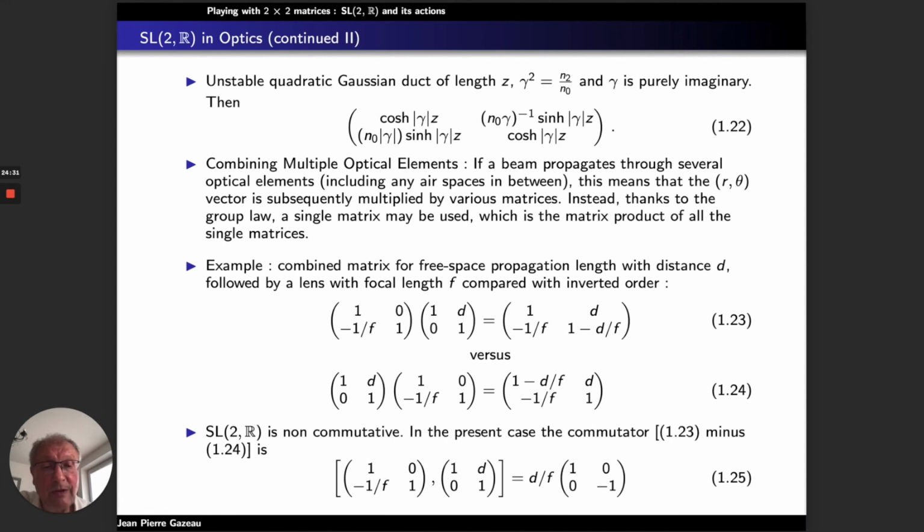If you calculate the commutator of the two matrices here, you will get this specific matrix, which is not in SL2R, multiplied by this factor d over f.